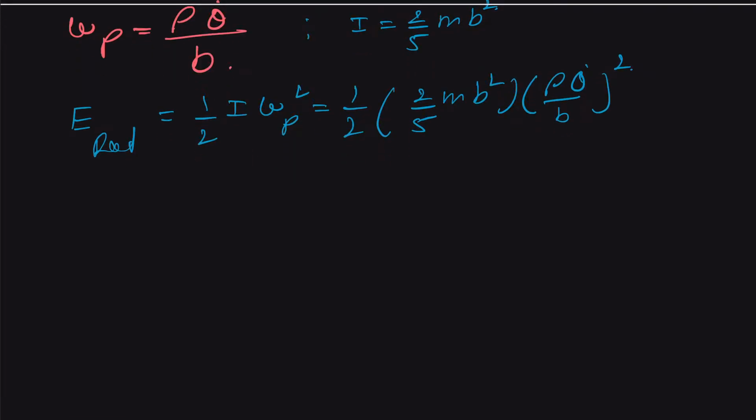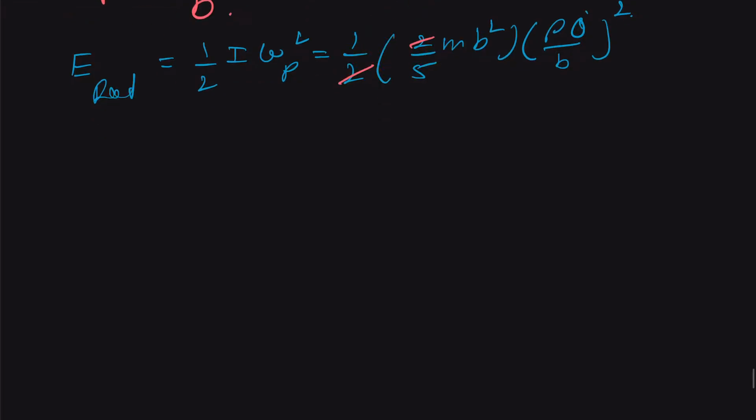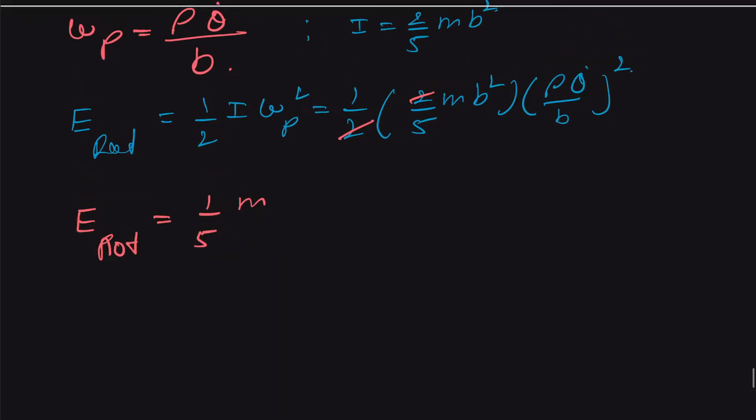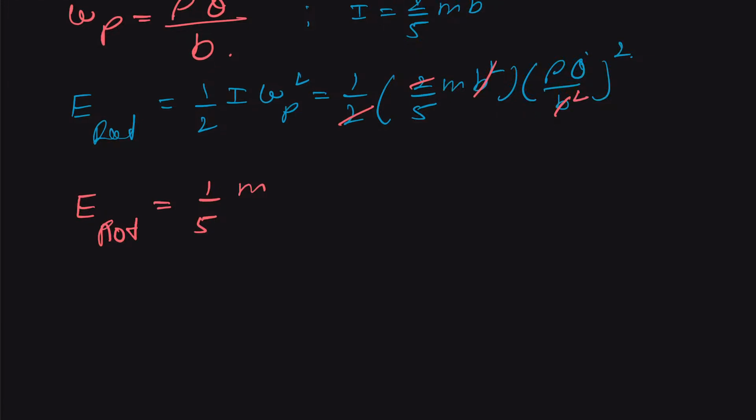Now here 2 and 2 cancel out, therefore we get E rotational will be equal to 1 by 5 m, and B square and B square also cancel out, so this is m rho square theta dot square.